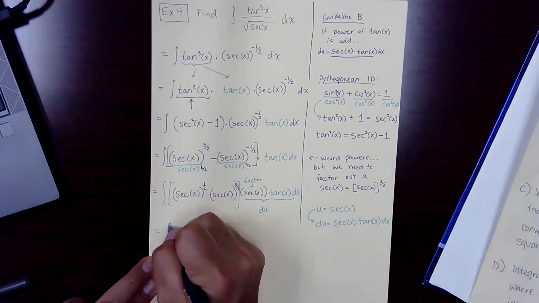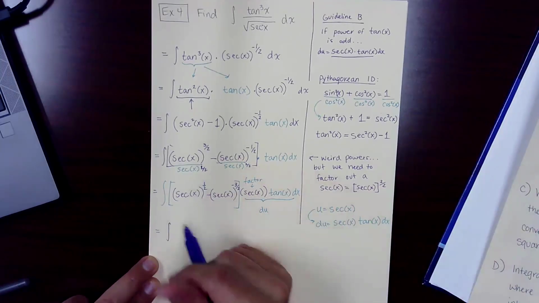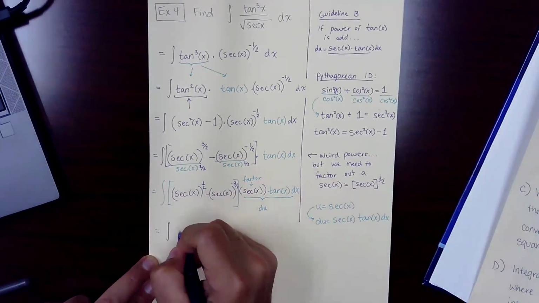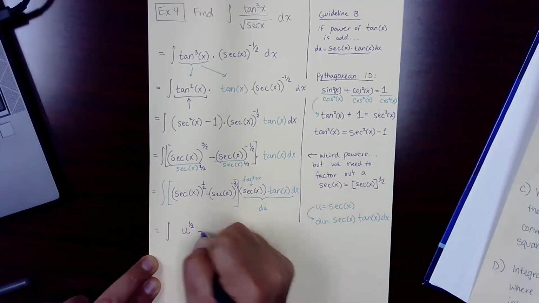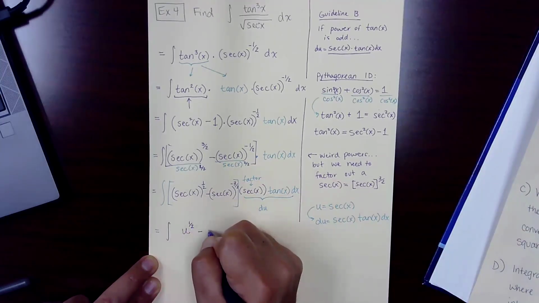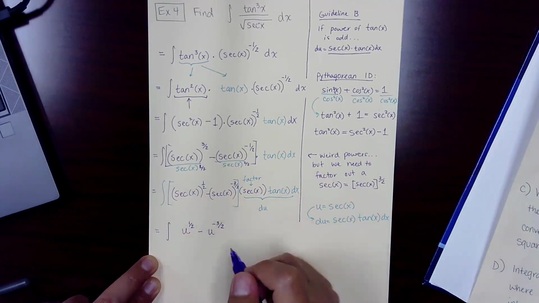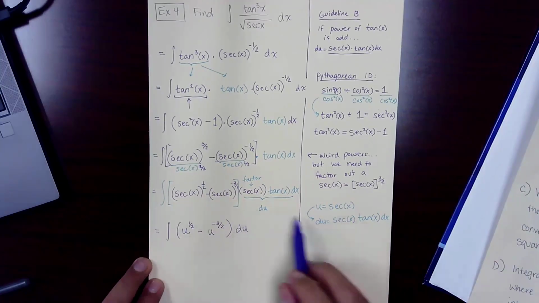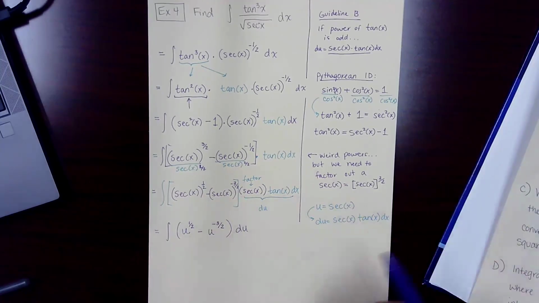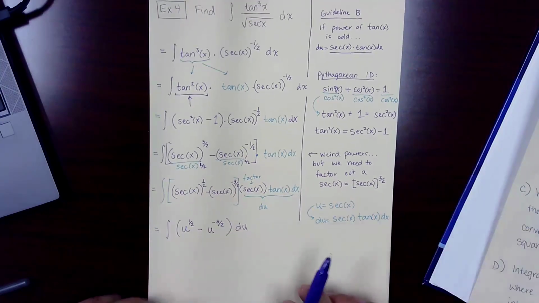So now we have the integral of, maybe not pretty at first, but not the ugliest polynomial we've ever seen. This is going to be u to the 1/2 power minus u to the negative 3/2 power du. And again, thankfully, we didn't have any factor or negative sign that we had to take out of this. We just had that straight substitution of du.